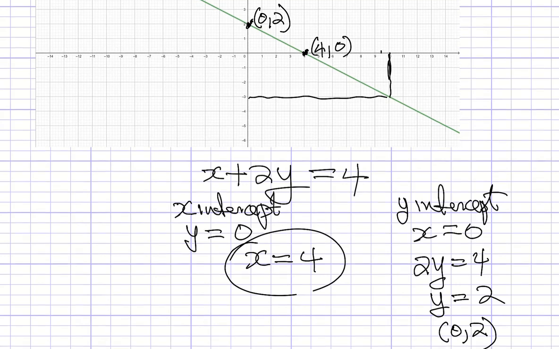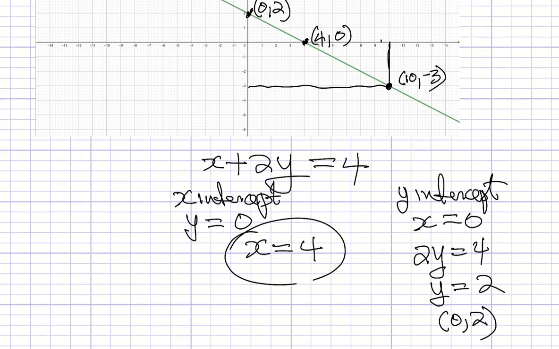You choose a point, you find the x and y coordinates. That point there is 10, minus 3. If you take that point and put it in that equation, it will make the equation true, because that point is a solution of that equation. Any point on that line is a solution to that equation. There's no way you put that point into the equation and it will evaluate to false. It will never happen. So let me show you.